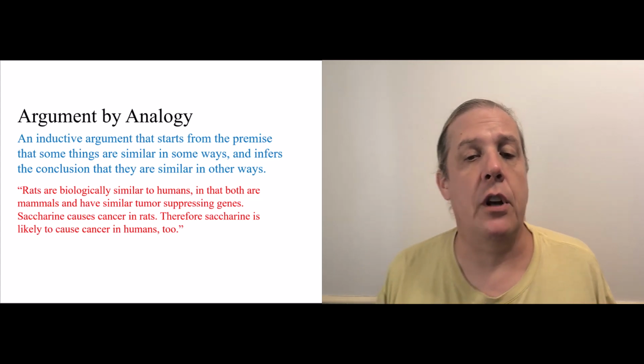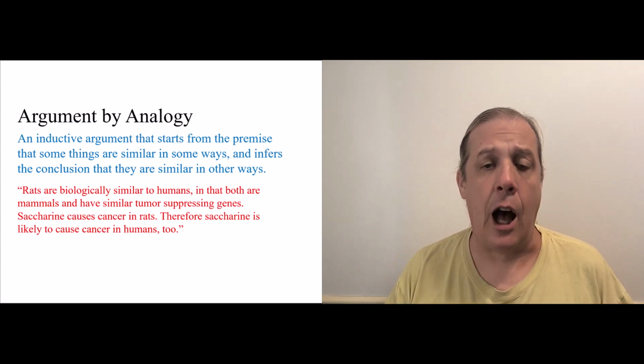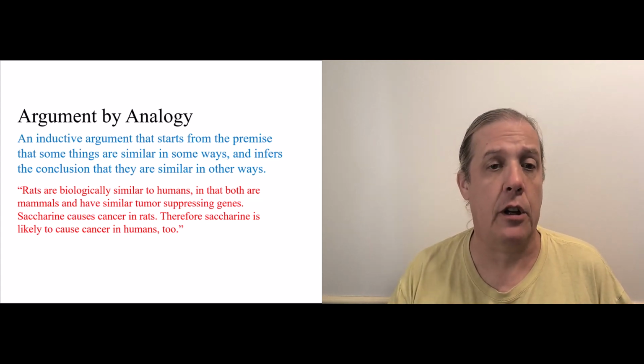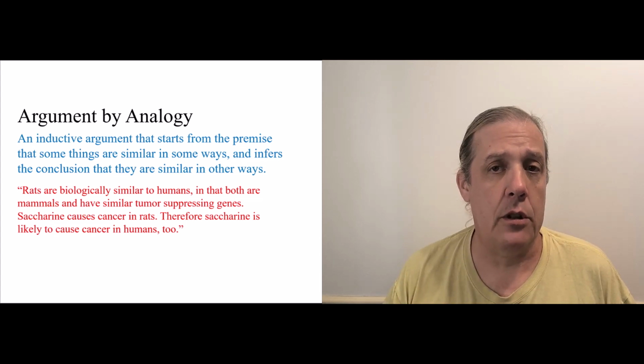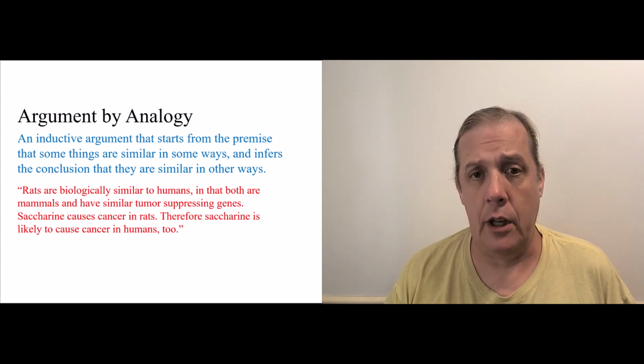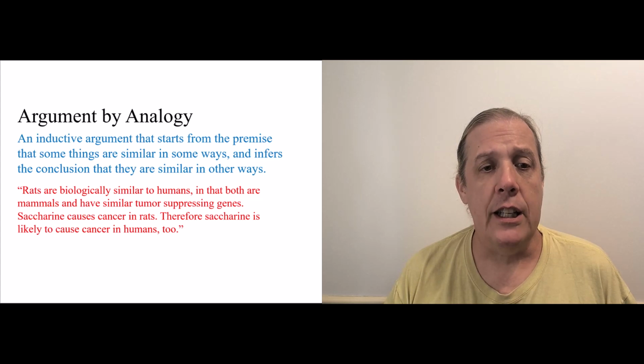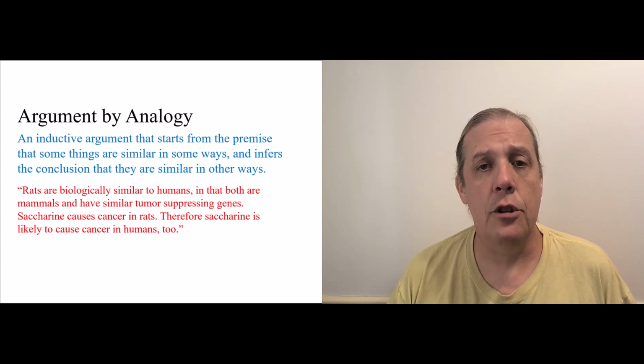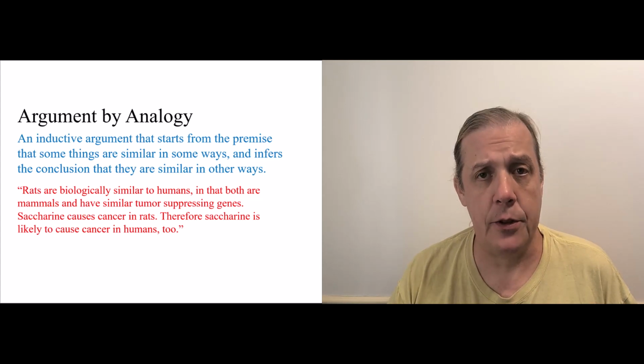So here's a common argument, and it's basically a summary of a very standard scientific argument. Rats are biologically similar to humans. That's the analogy. In that both are mammals and have similar tumor suppressing genes.